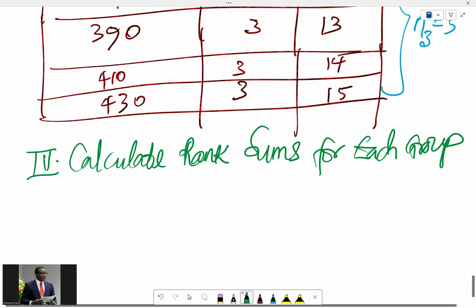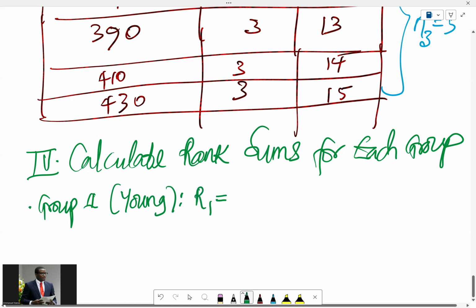For group 1, which is for the young, the ranks are 1, 2, 3, 4, 5. That's pretty easy. If it is scattered, you have to be careful, but this one is straightforward. Adding 1 to 5 is 5 times 6, 30, divided by 2, that's 15.